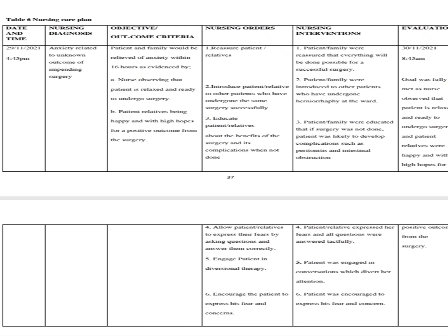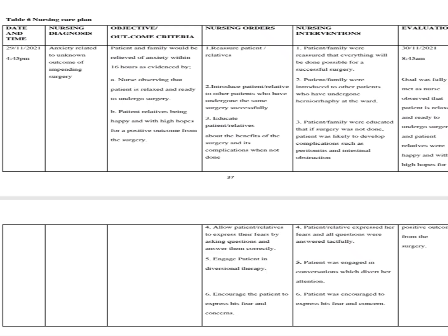Then you move to the objective or outcome criteria, which we already know is supposed to be realistic and time bound as well. So this is what you have to develop on your own. The person wrote patient and family because it's dealing with both patient and family being anxious. But if it's only the patient, then the patient will be relieved of anxiety within 16 hours as evidenced by, and you can come up with your own duration of time to achieve your goal, not necessarily copying what the person has done over here.